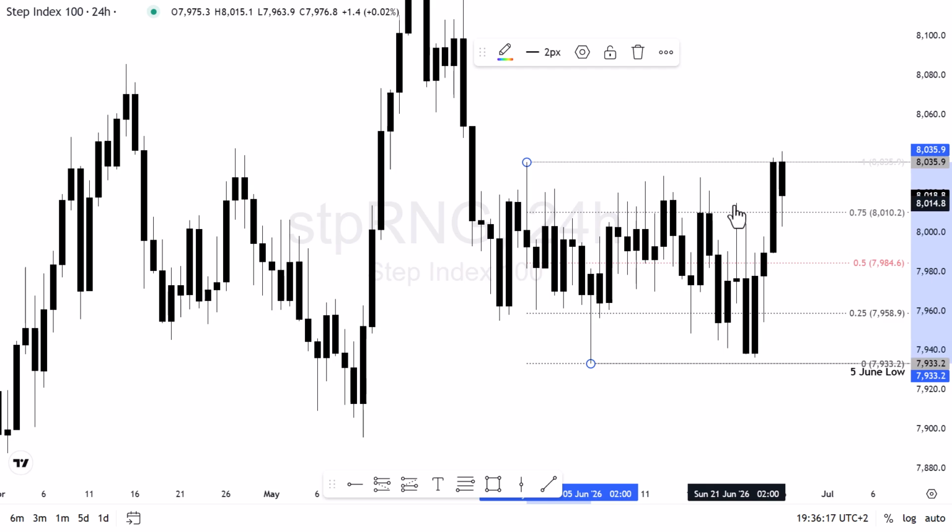So we have this high that is printed at the 75%, and price went lower to print more sell side liquidity near the 5th of June. So it went up to attack the external range liquidity.